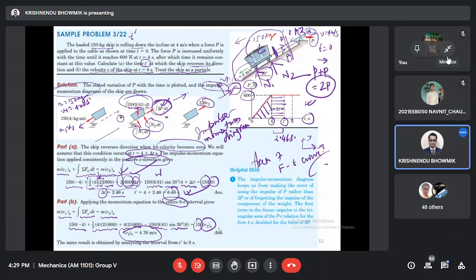That means it has started with 4 meter per second.